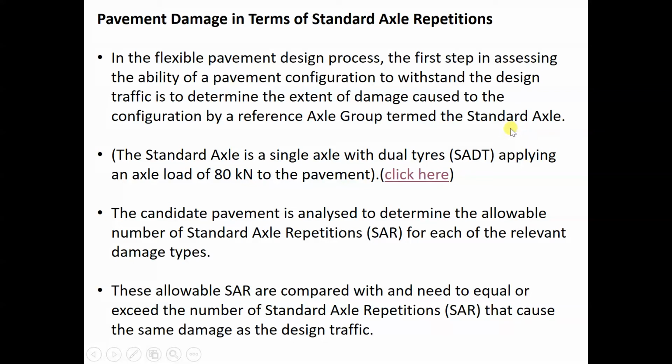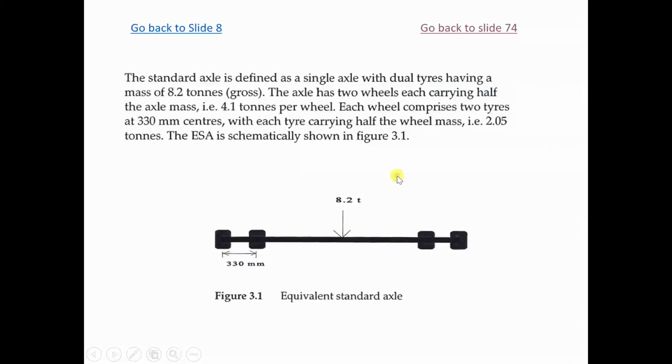Okay, for the pavement damage, we need to have a standard axle group. The standard axle is a single axle with dual tires applying an axle load of 80 kN to the pavement. So this is the standard axle.